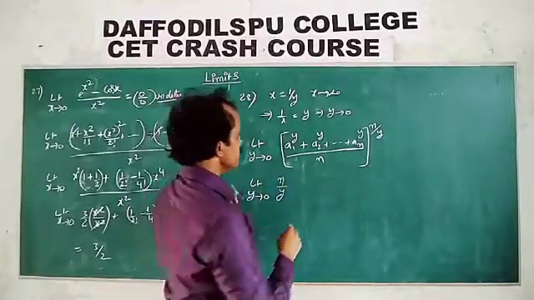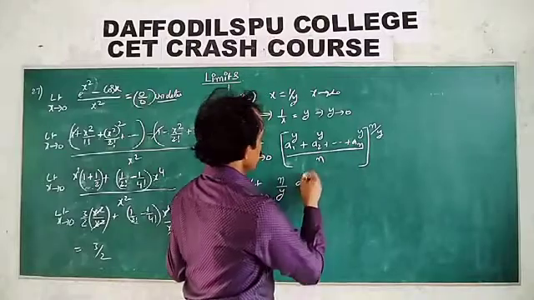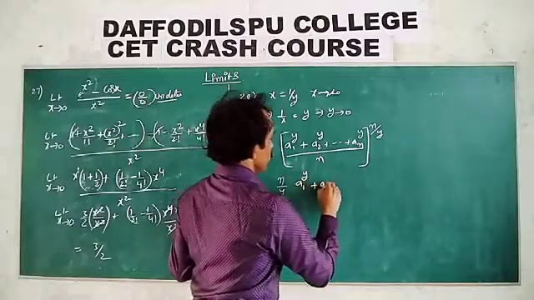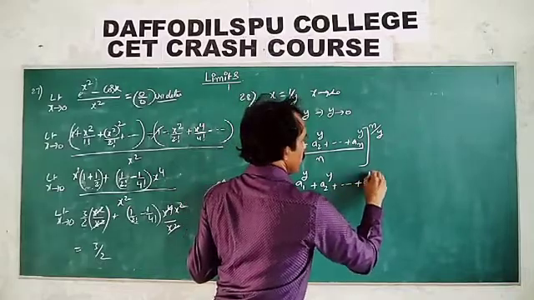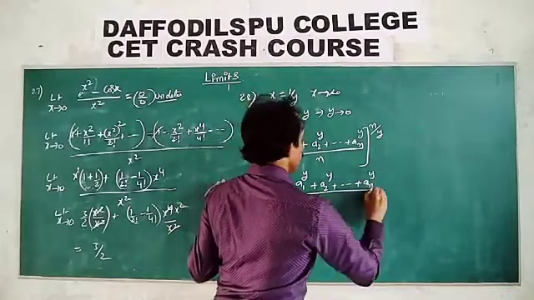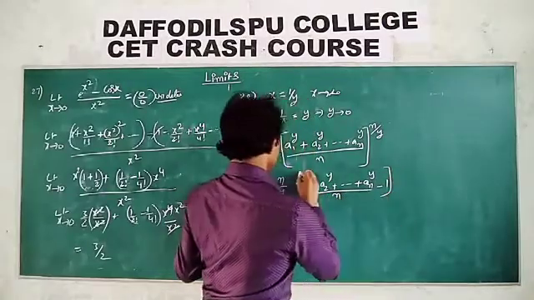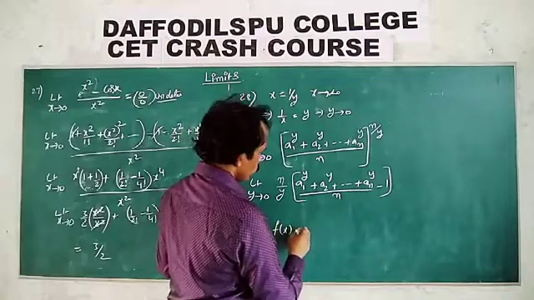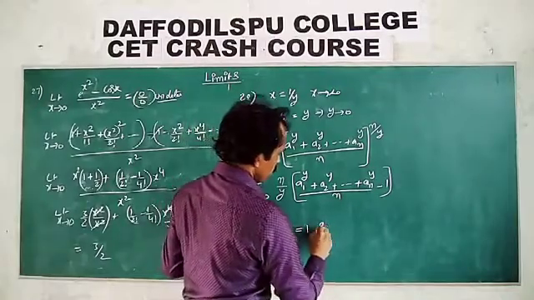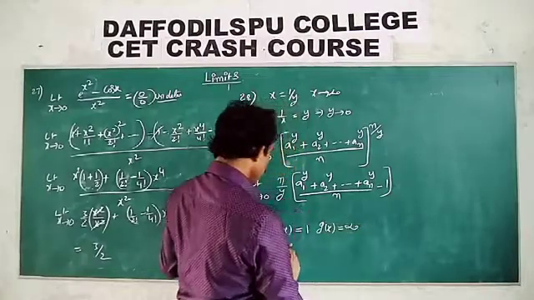N by y, this can be written as a1 power y plus a2 power y and so on an power y, divided by n, minus 1. So f of x is equal to 1, g of x is equal to infinity.